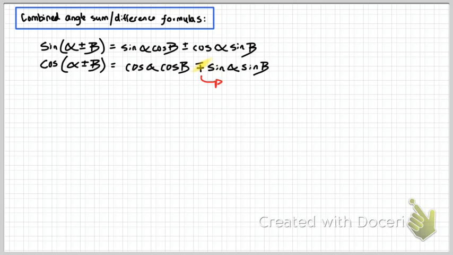This means that I'm using the opposite sign. And the way to memorize this one, when you're dealing with sine, is that we use the same sign for sine. Okay? So when you have sine, you're using the same sign.